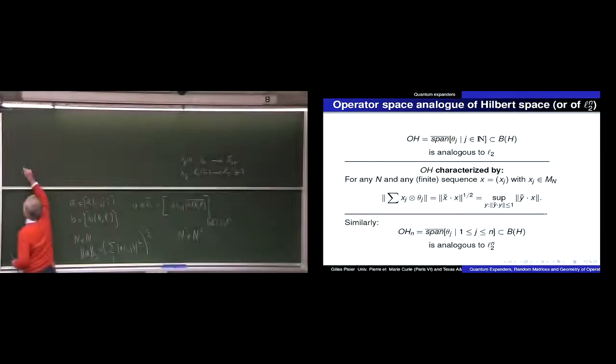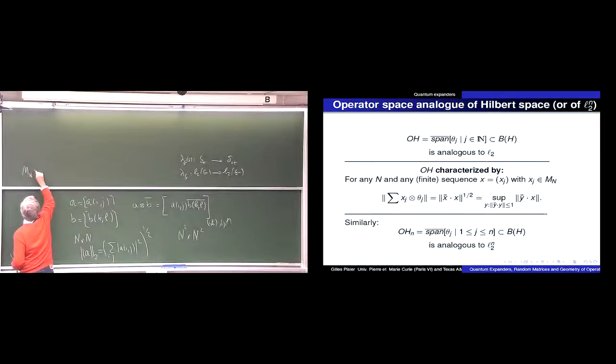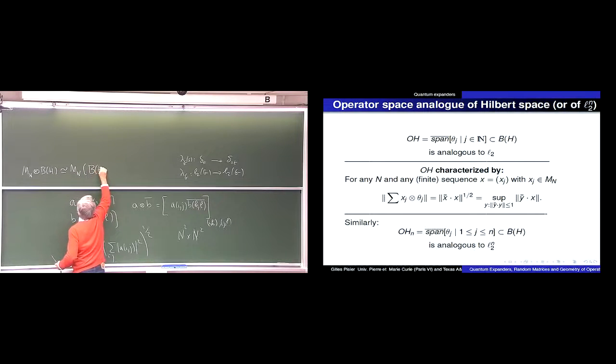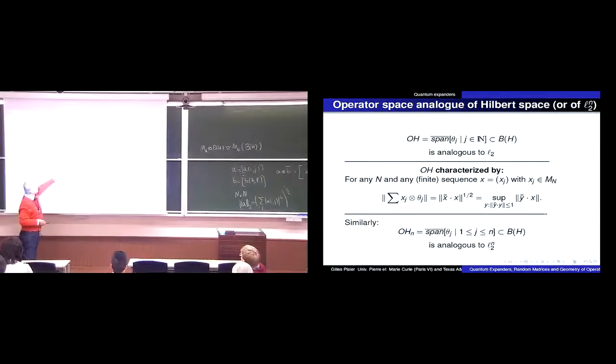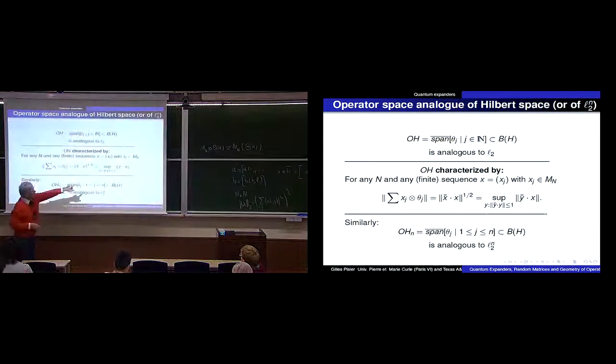This is going to be the norm in Mn tensor B of H, which we identify with Mn of B of H. Xj is a matrix, theta j is an operator, so this expression is in this space, and I take the norm of matrices with entries in B of H.